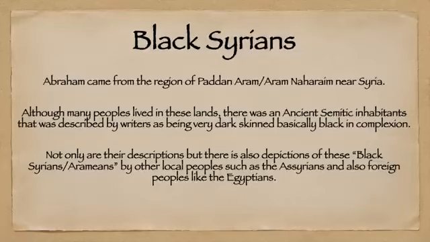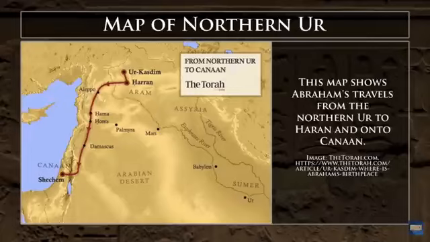Not only are there depictions, but there are also descriptions of these black Syrians slash Arameans by other local peoples, such as the Assyrians and also foreign peoples like the Egyptians. So there are descriptions and depictions.